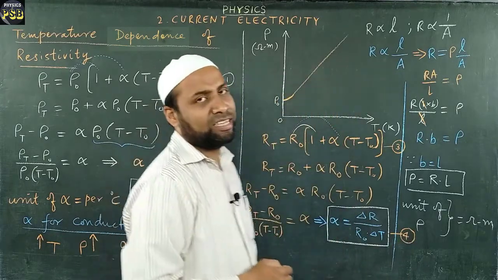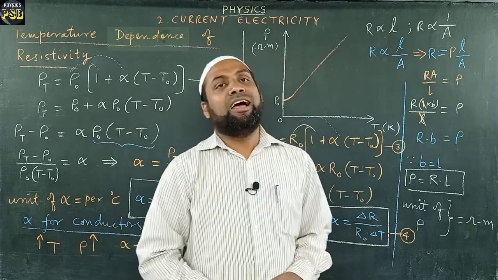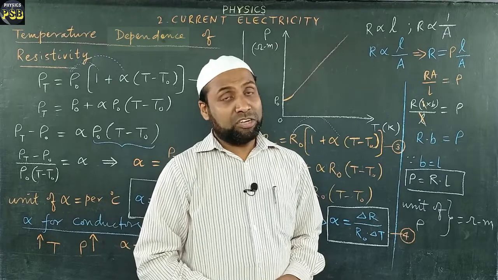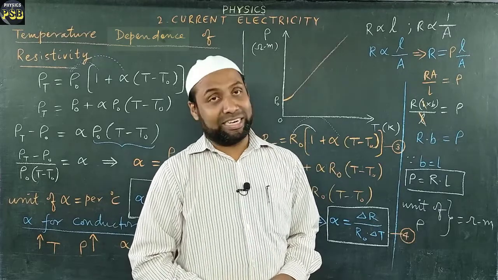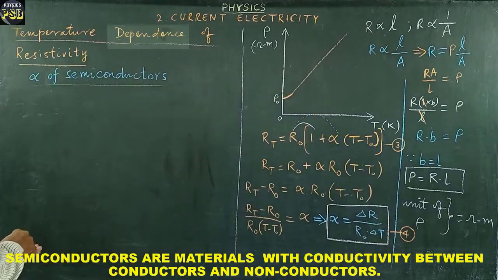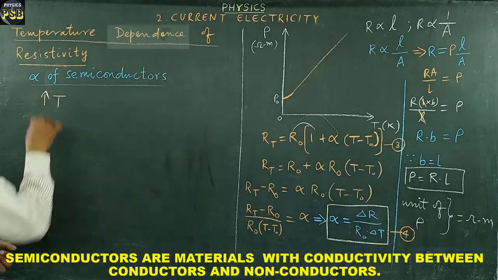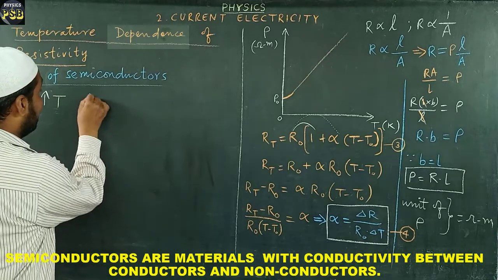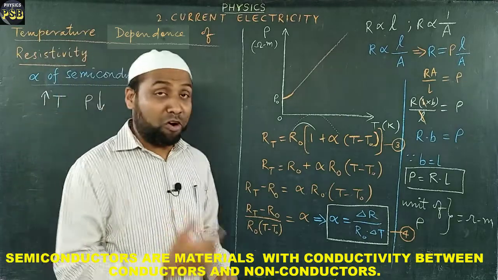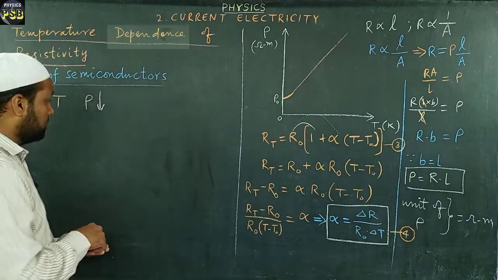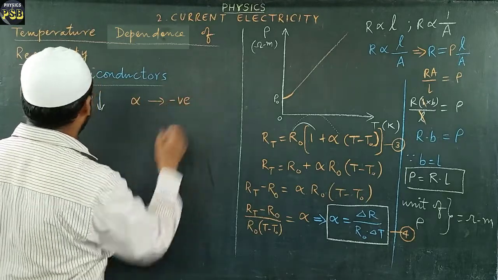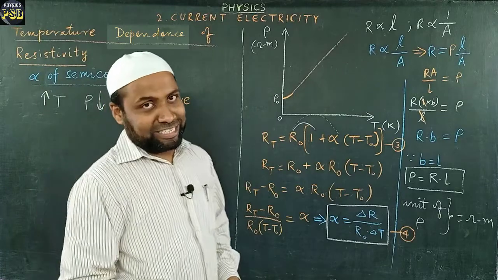Now we will discuss the temperature coefficient of resistivity for semiconductors. When temperature increases in a semiconductor, it results in the reduction of resistivity. This provides a negative value for alpha. So alpha is negative for semiconductors.